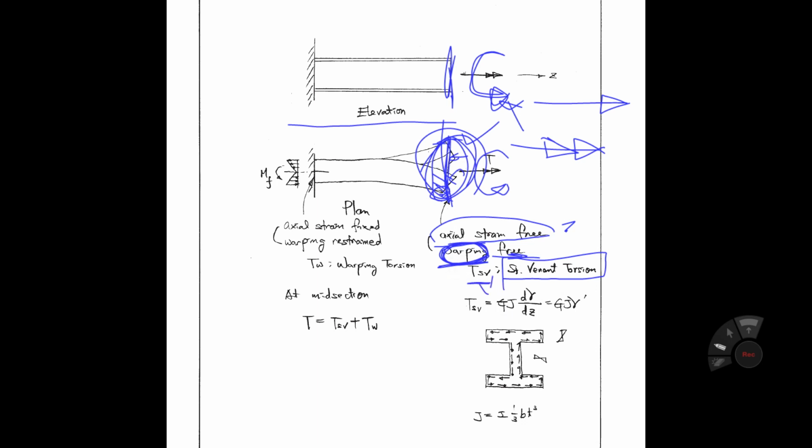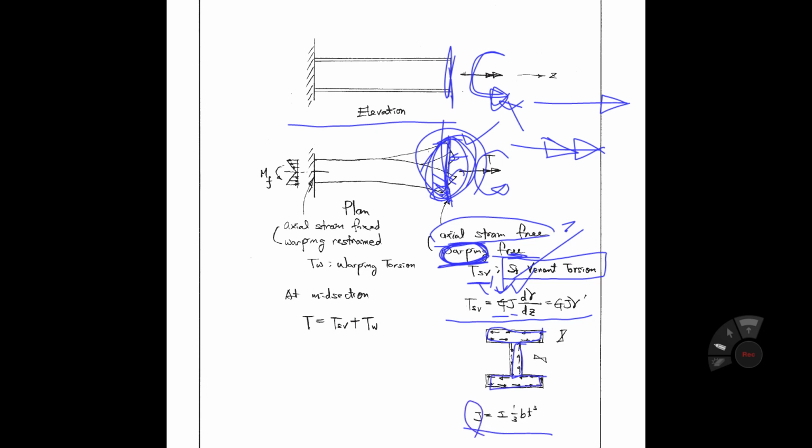For Saint Venant torsion, the equation is this: GJ d gamma dz. Yeah, that is the equation. G is the shear modulus. J is the torsional inertia. J equals the sum of 1 over 3 b t cubed. You have the three plates 1, 2, 3.